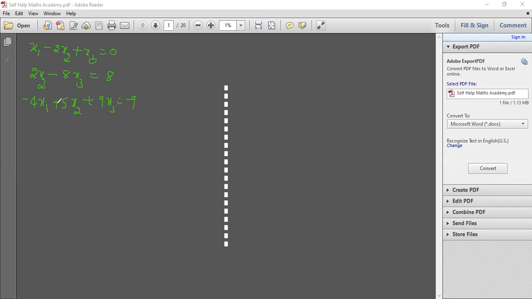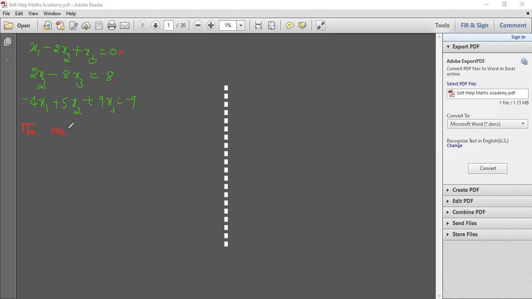First we will write the augmented matrix. The coefficients of x1, x2, x3 together form the coefficient matrix, and this coefficient matrix together with the constants on the right-hand side, 0, 8, minus 9, is called the augmented matrix.